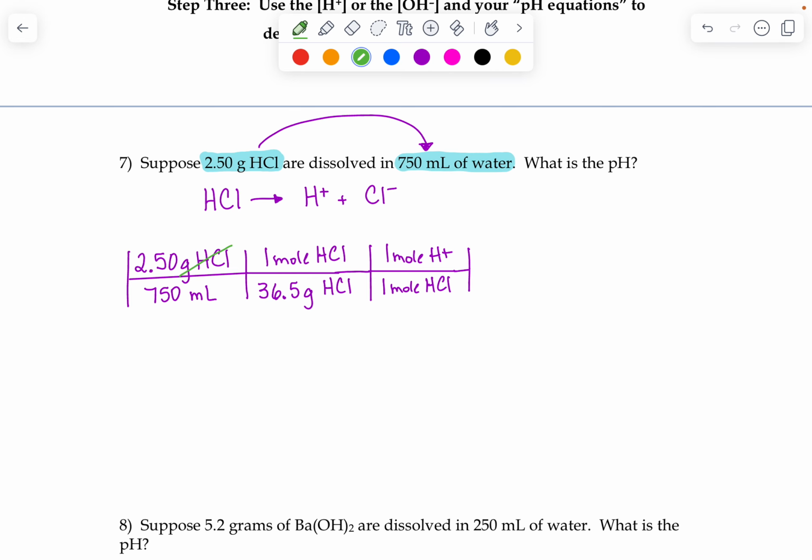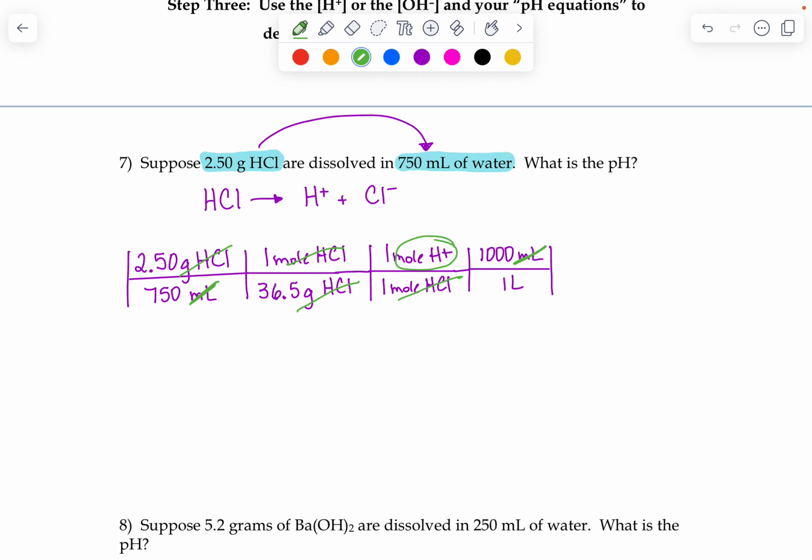If I go to cancel out some units right now, I have the moles part of the molarity that I need. But right now I have moles per milliliter. I need moles per liter. So I need one more step. I know that there are 1,000 milliliters in a liter. I put the milliliters part on top because these milliliters way over here can cancel out with those milliliters way over there.